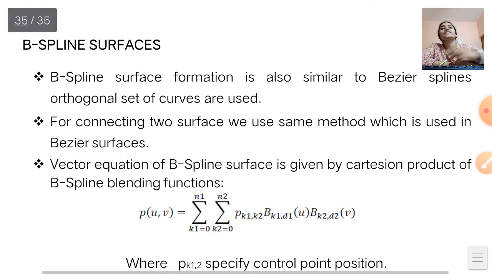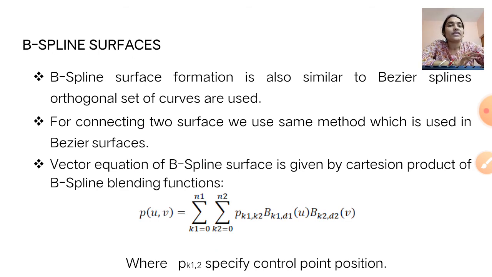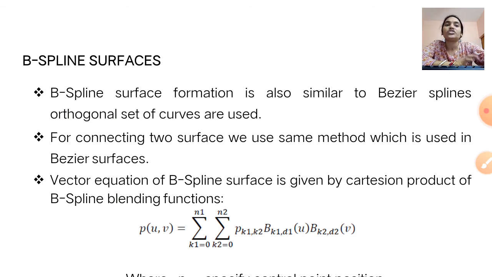Next is B-spline surfaces. B-spline surface formation is similar to Bezier spline, where an orthogonal set of curves is used. For connecting two surfaces we use the same method as in Bezier surfaces. In Bezier surfaces not all the control points need to be used; if we want, some control points can be skipped, but in B-spline curves all the control points are used.